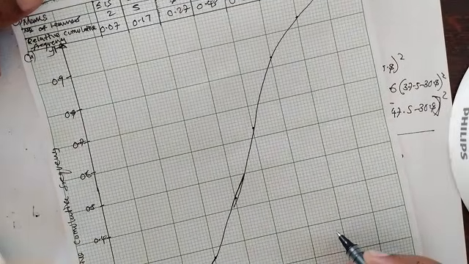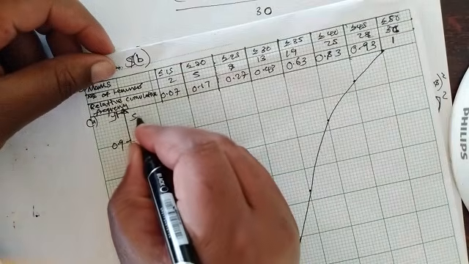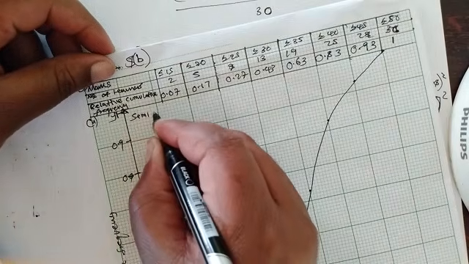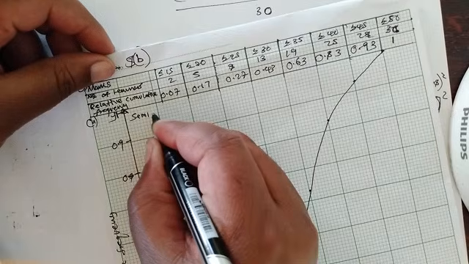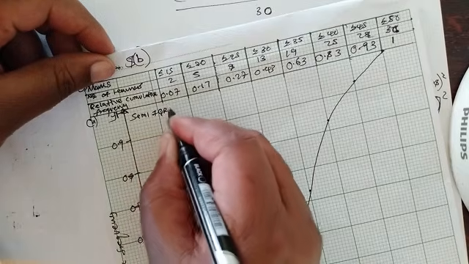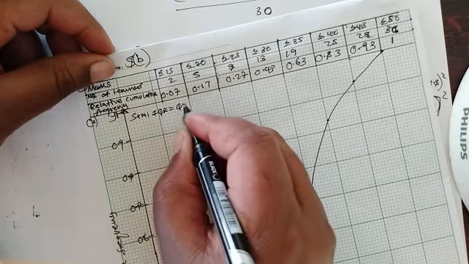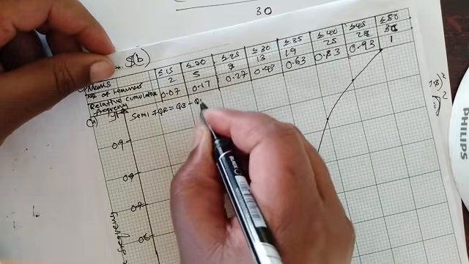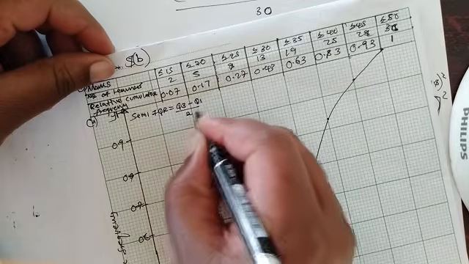So we say semi-interquartile range is equal to upper quartile, which is Q3, minus lower quartile, which is Q1, over 2. Okay?